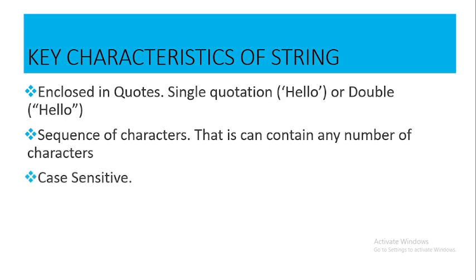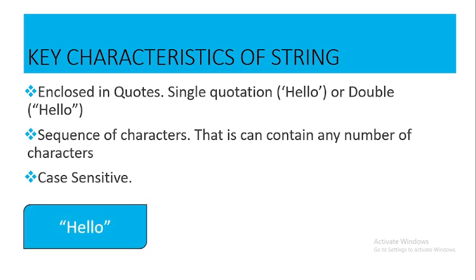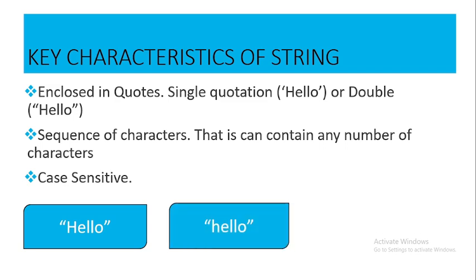Strings are case sensitive. When we say case sensitive, what does it mean? So let's look at this hello starting with capital letter H. And we know that this is a string because we have put this particular word into double quotation mark. And then let's look at this hello starting with small letter h.